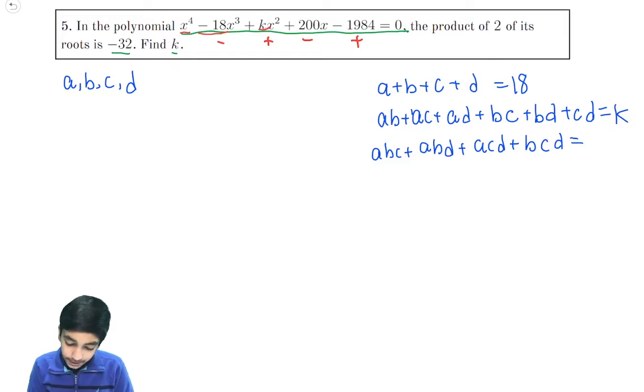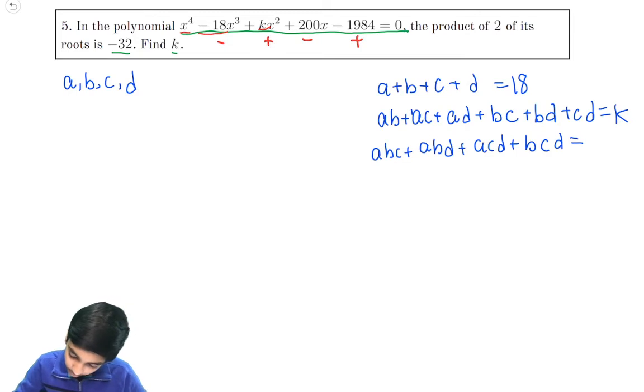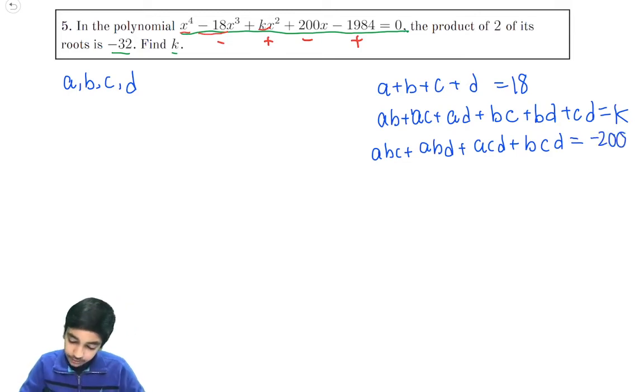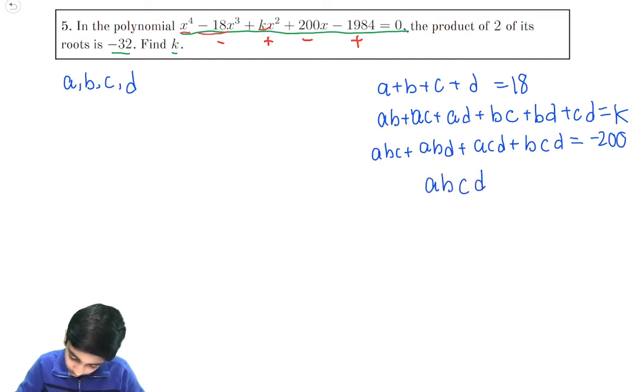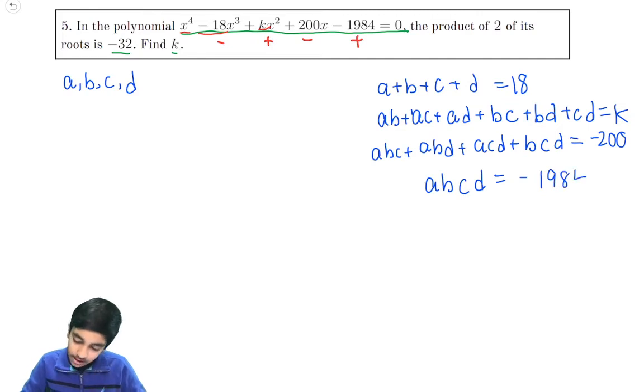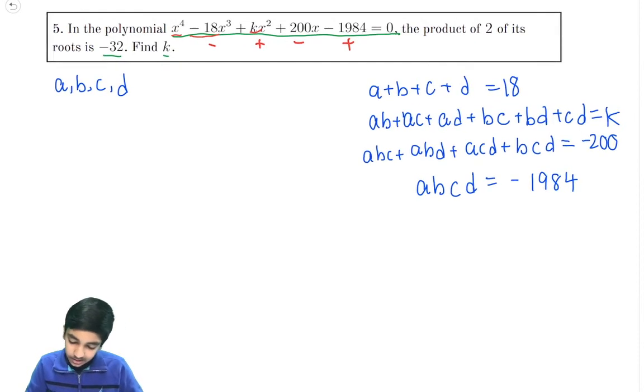If you remember from the previous class, we always alternate signs. And the final thing is abcd, which is negative 1984 divided by 1, or just negative 1984.